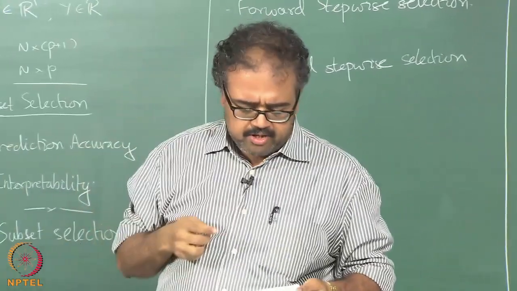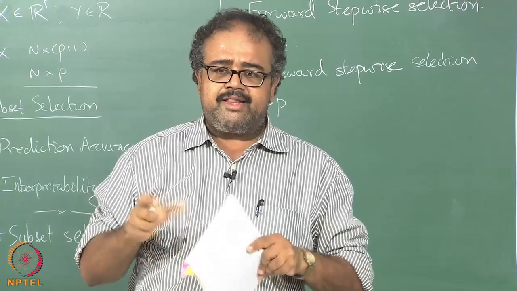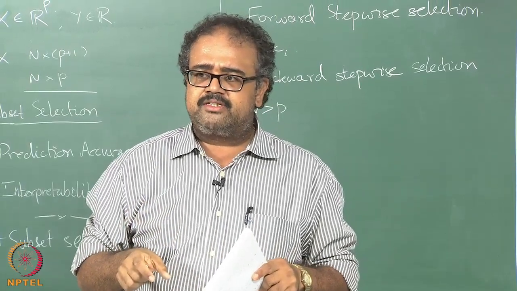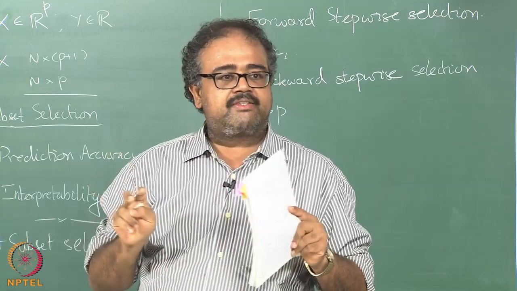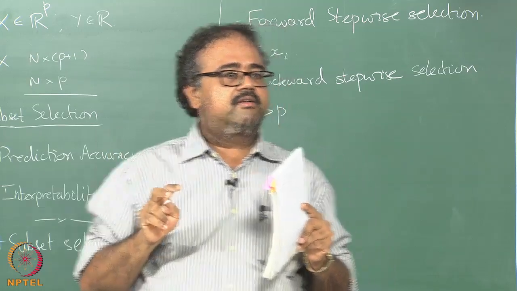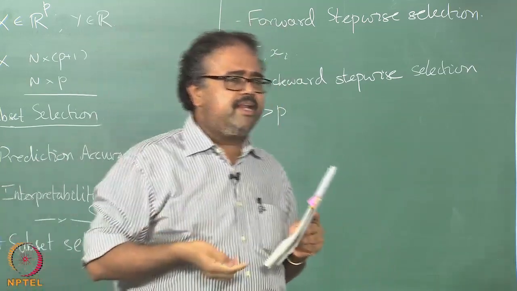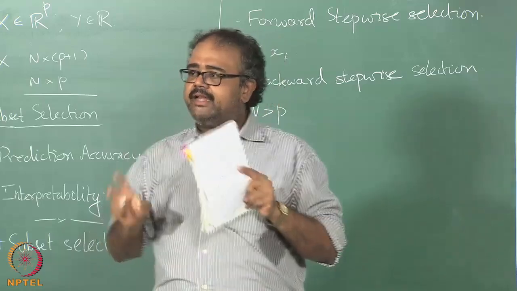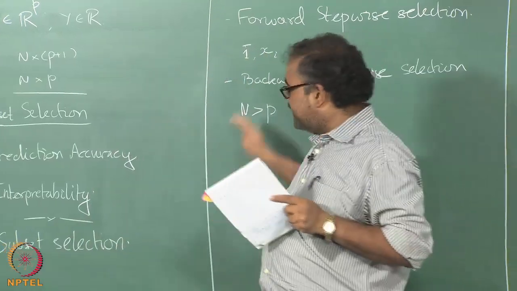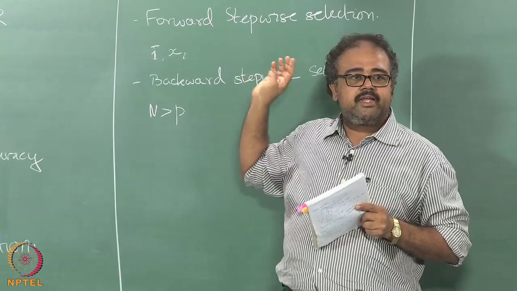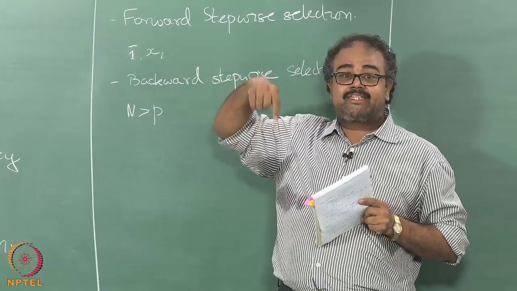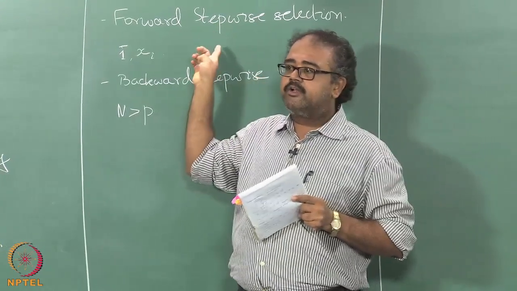So one thing I should point out here, so you might think that forward stepwise selection, because it is greedy, is going to be much worse than best subset selection, right. So it turns out that in many real data sets that you work with, the greedy selection is actually not a bad thing to do, right. In fact, many statistics packages like R will allow you to do this, right.